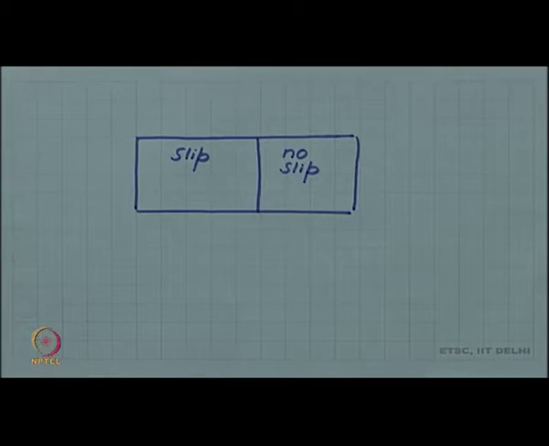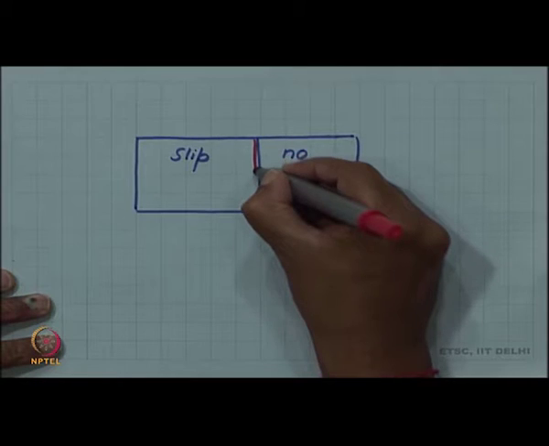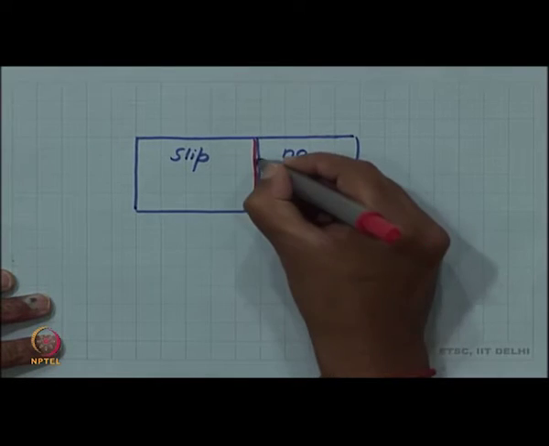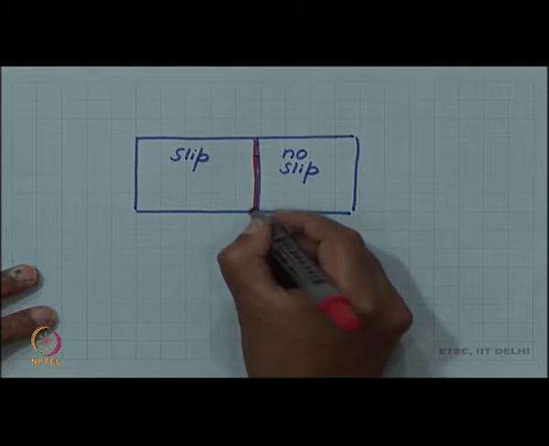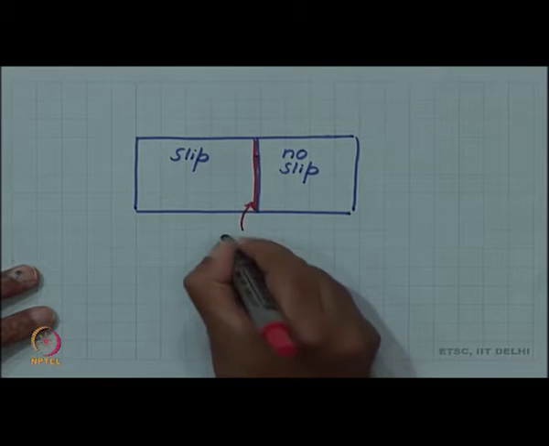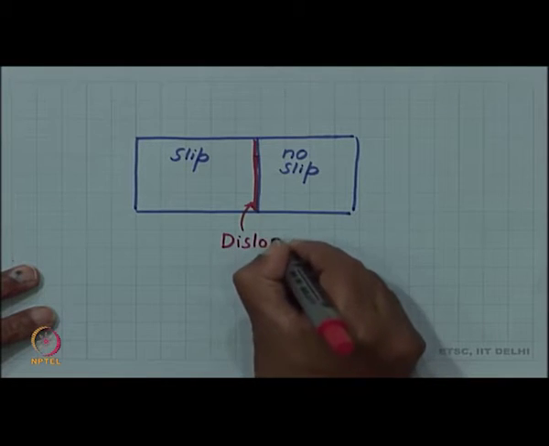And if you recall from your defect chapter, this was what we considered as a dislocation line. So, what is really being proposed, that a dislocation is present during deformation, a boundary between slip and not slip line we called dislocation.